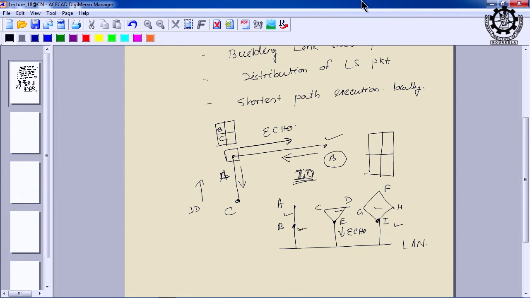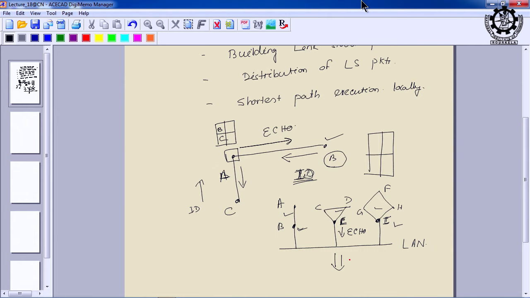Are B and I both neighbors of E? Come on, say yes or no. Who says yes? Who says no? The rest say nothing. They don't exist, right?